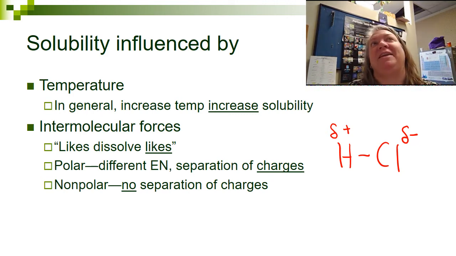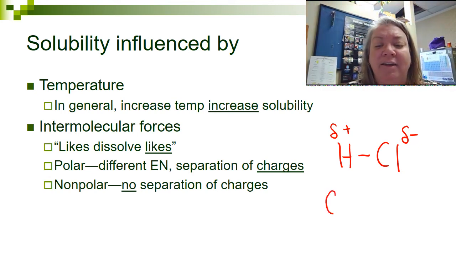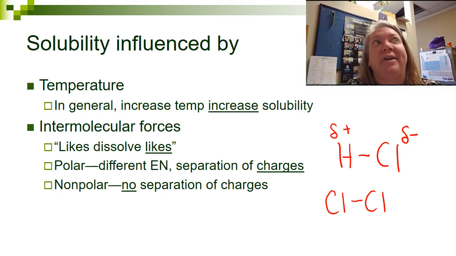like instantaneous momentary dipoles. Now, if you have two things that are considered to be nonpolar, that means that there's no separation of charges. An example of that is diatomic chlorine. They're both chlorine. One of them doesn't want the electrons any more than the other.